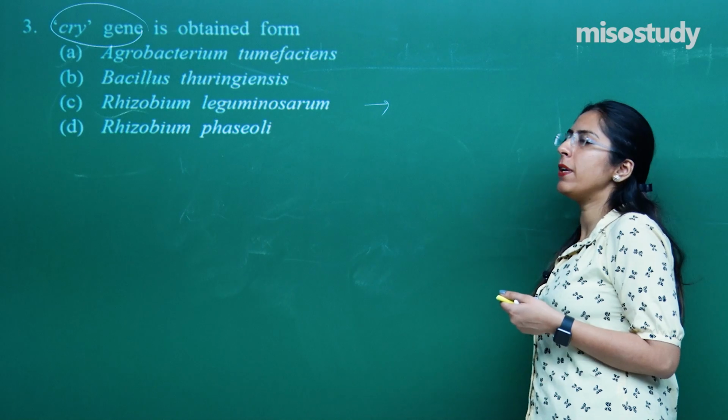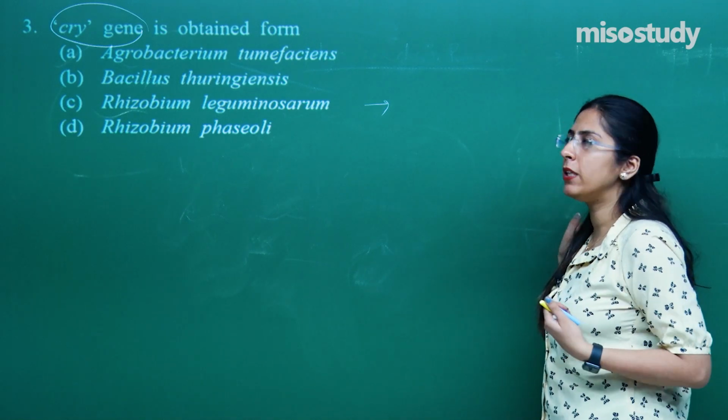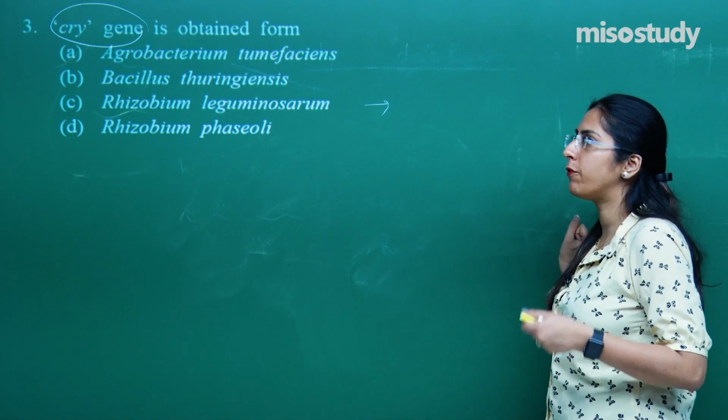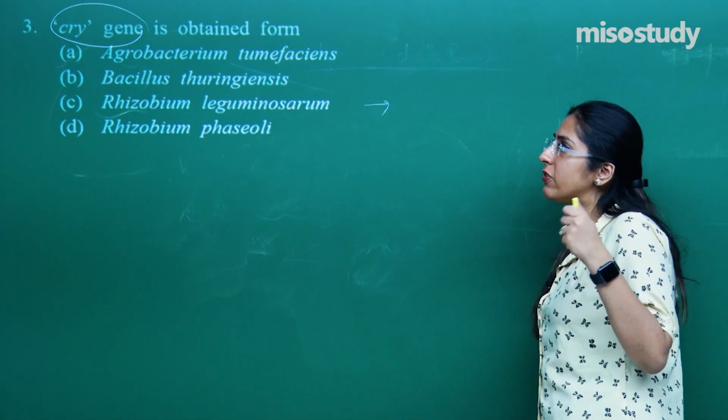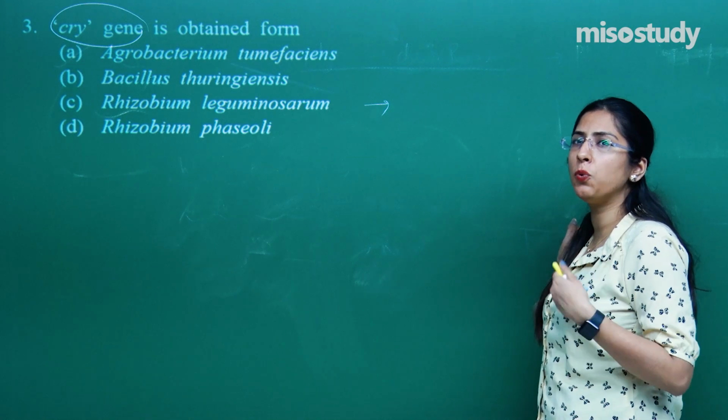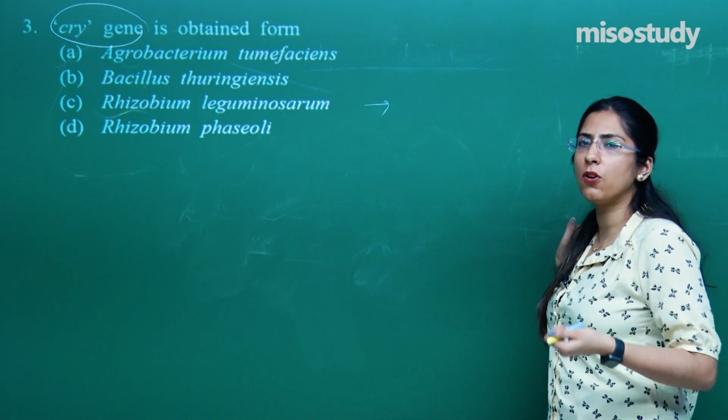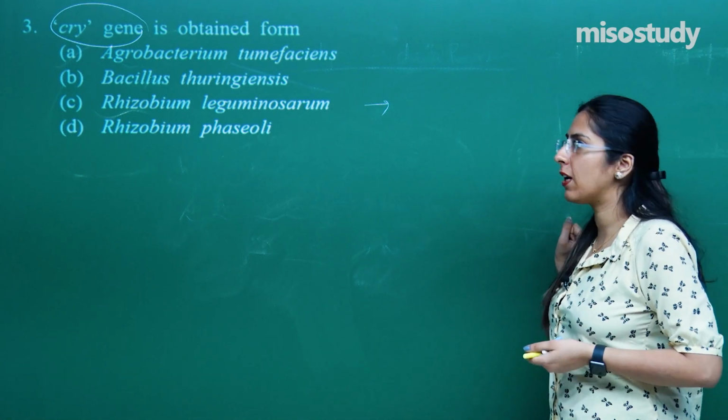With the help of recombinant DNA technology, we have inserted this cry gene into plants, such as BT cotton, BT brinjal and BT potato.